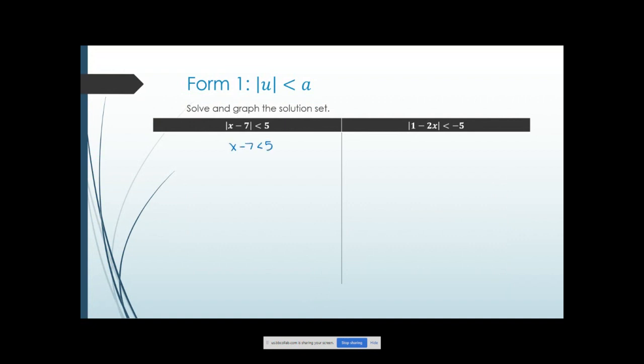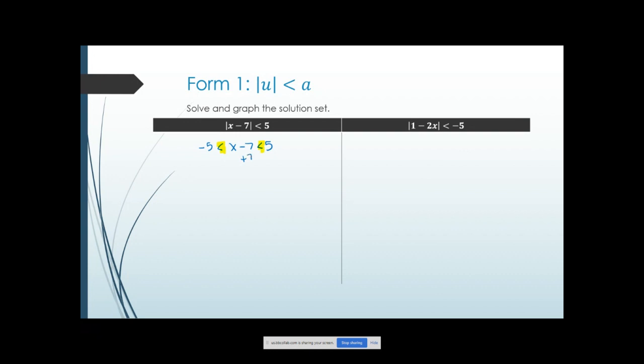I've got x minus 7 is less than 5, but then I also have the other side with the negative 5, and I keep the less than symbol in between those. So I have negative 5 less than x minus 7 less than 5. And now you're solving for x in the middle.